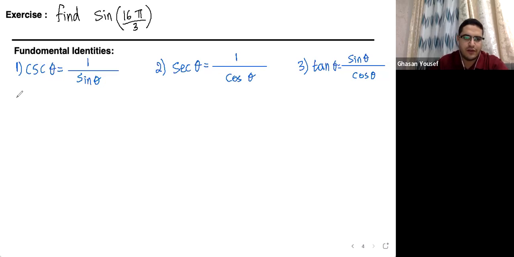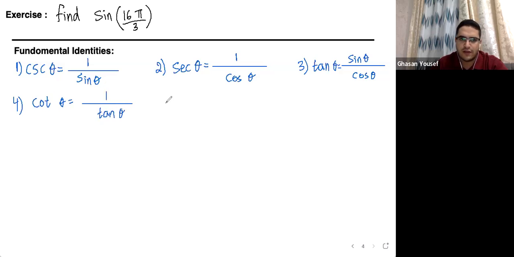And number 4, the cotan of the angle is 1 over tan, 1 over tan of the angle theta.